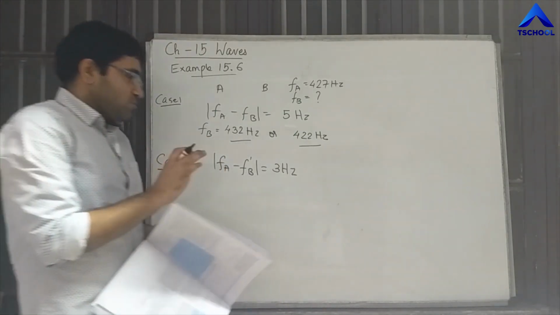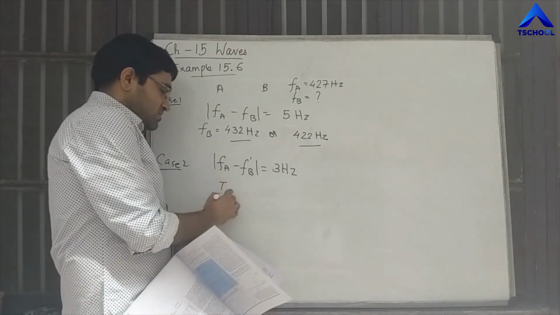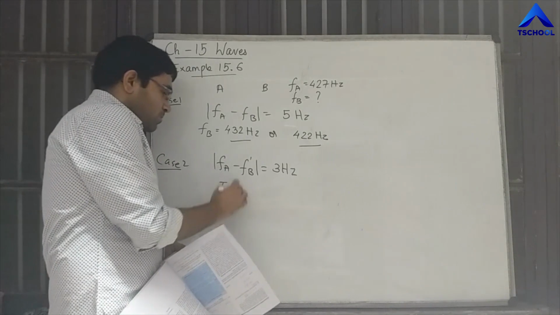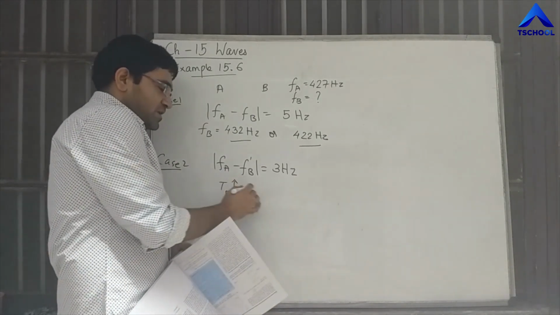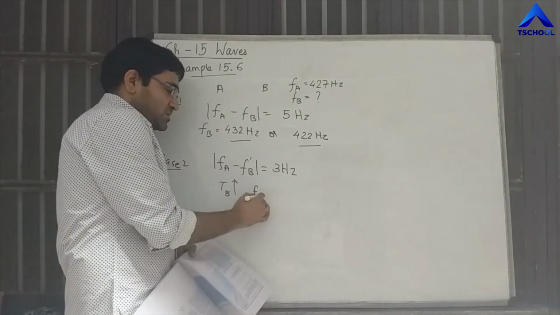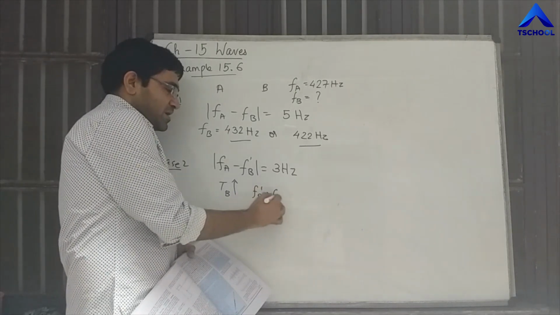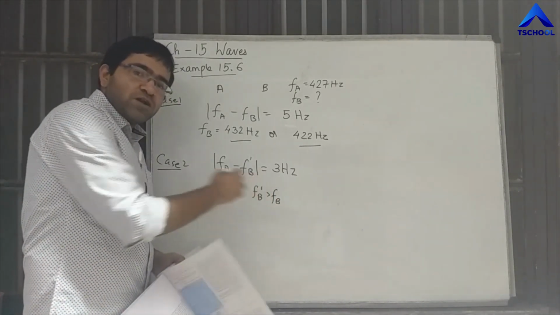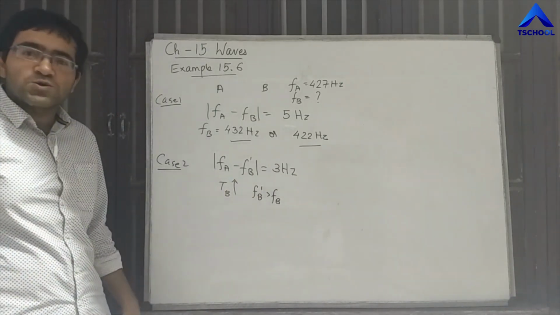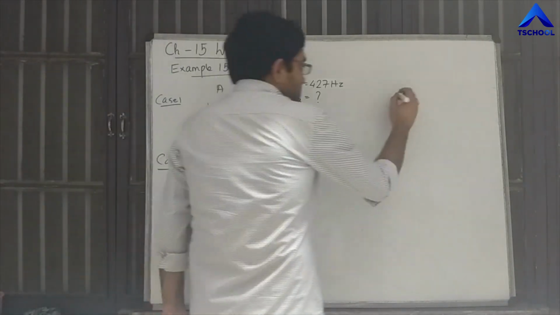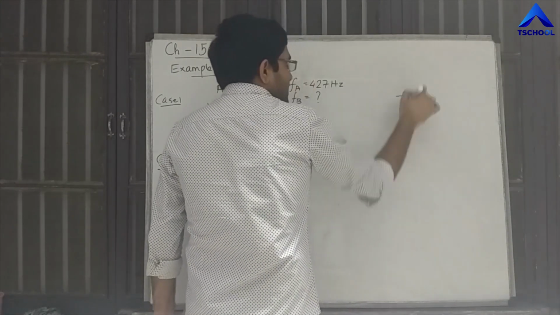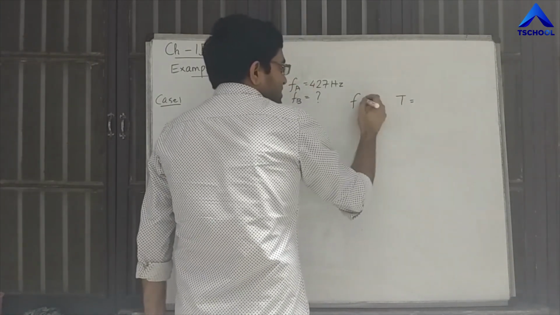Now think about it. In the second case, it's given that the tension in the string B is increased. So obviously if tension in the string B increases, FB dash is greater than FB, because as tension increases, the fundamental frequency of a string also increases. Tension and frequency are related as follows.